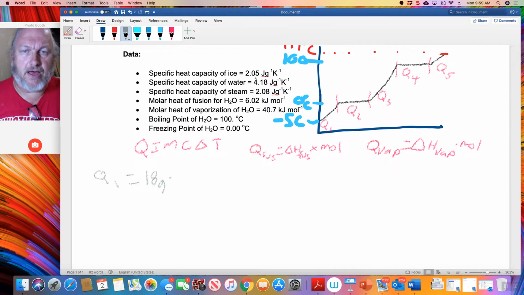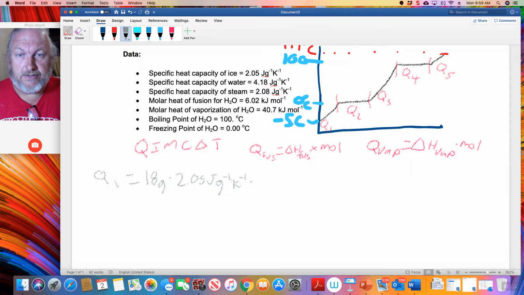Now we're dealing with ice right now. So that's what I want to choose, 2.05 joules per gram per degree Kelvin or C, because we're dealing with magnitude. It really doesn't matter whether I use C or K, as long as I'm consistent.